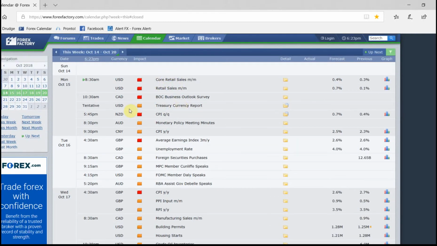Again, remember it's not on here, but Brexit news is very critical this week, especially Monday and Wednesday. Google Brexit, and you're going to find the articles talking about what's going on this coming week.